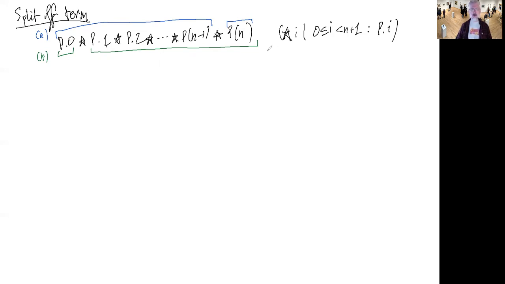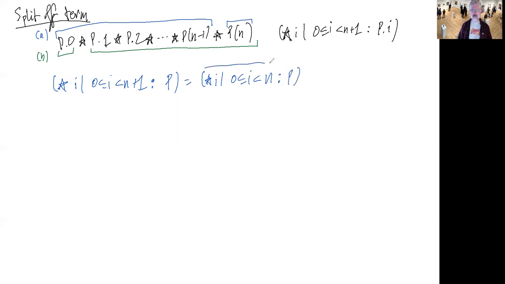If we think about A, for example, 8.23a says star i, 0 at most i less than n plus 1, P equals, so that was this part here, star i, 0 at most i less than n, so an n here instead of an n plus 1, P, and this is that part there.